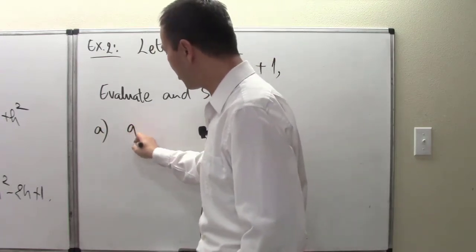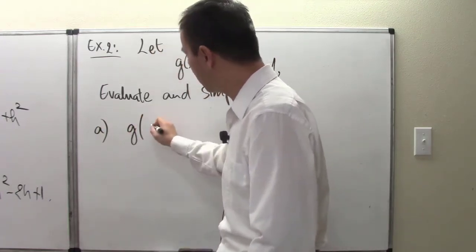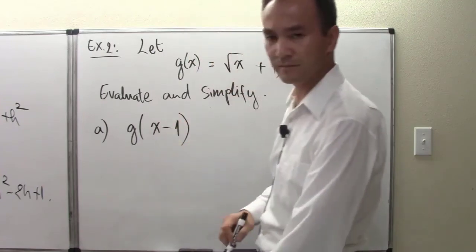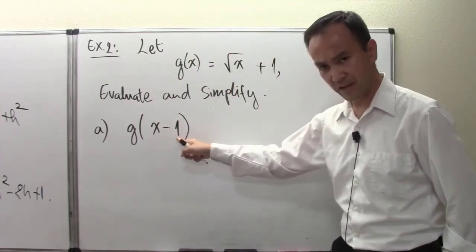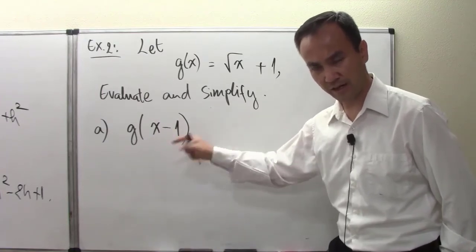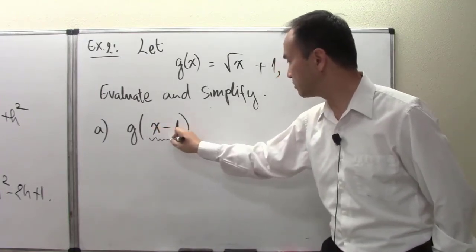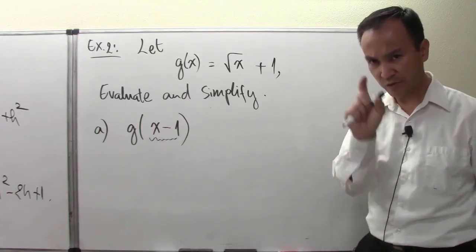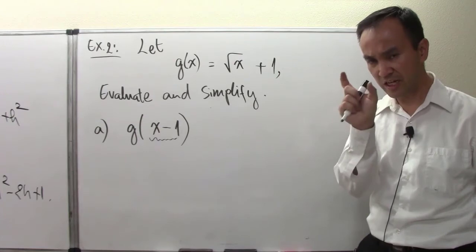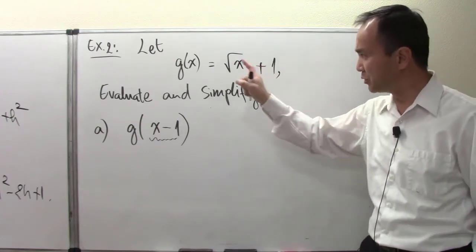So I'm still beating around the bush. g of x minus 1. Nothing unusual. The input is here as an expression, x minus 1, underlined by our squiggly line. After recognizing that input, I'm going to substitute the entire input into the function.